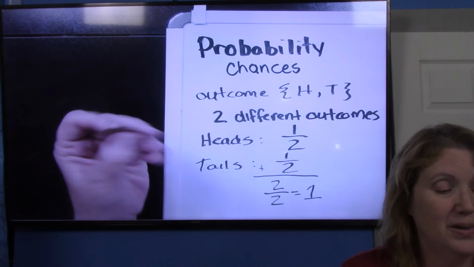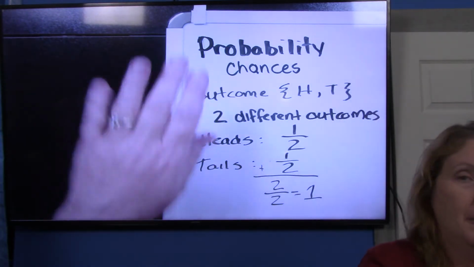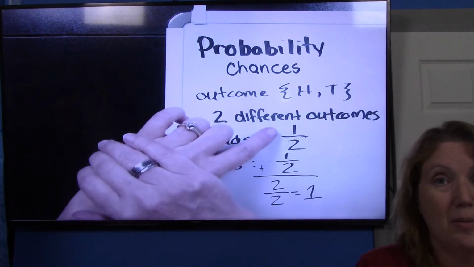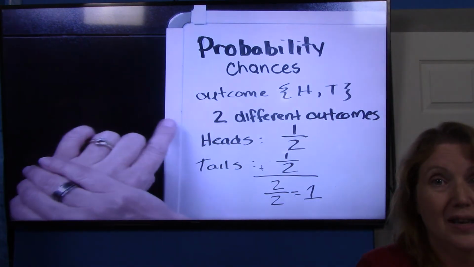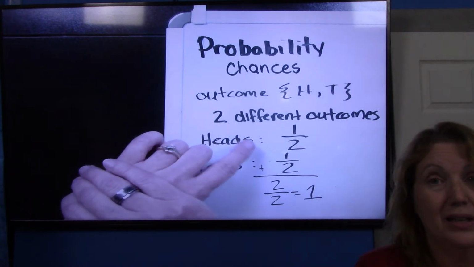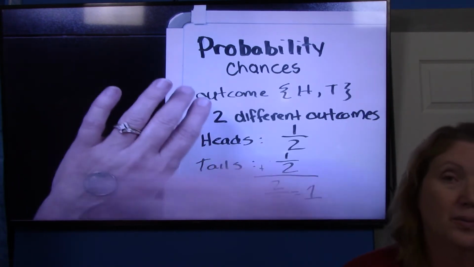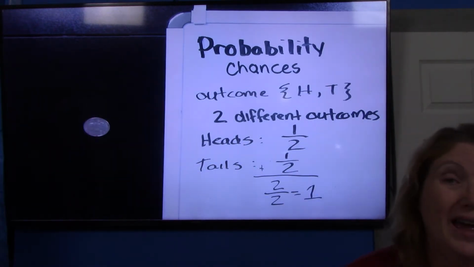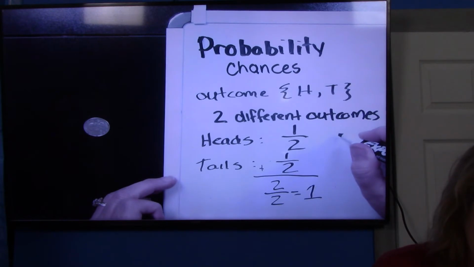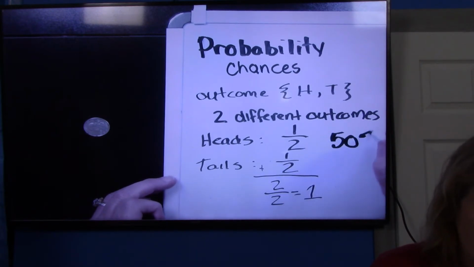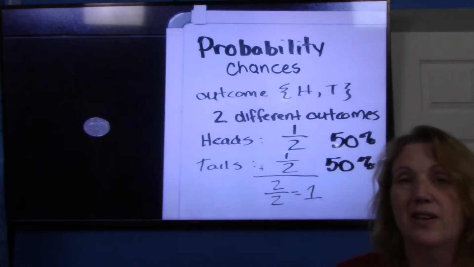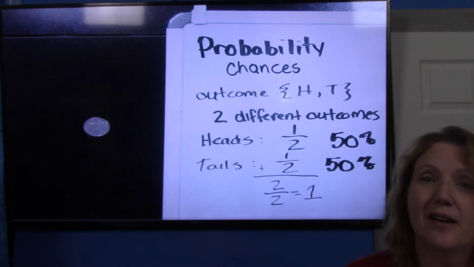So if I flipped it one time and I said heads or tails, you would have a 1/2 probability if you said heads, or a 1/2 probability if you said tails. They also talk about this in percentages. So 1/2 is 50% chance. So you have a 50% chance of guessing heads or guessing tails.